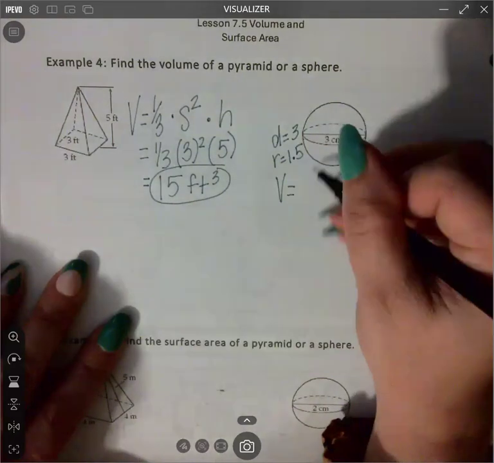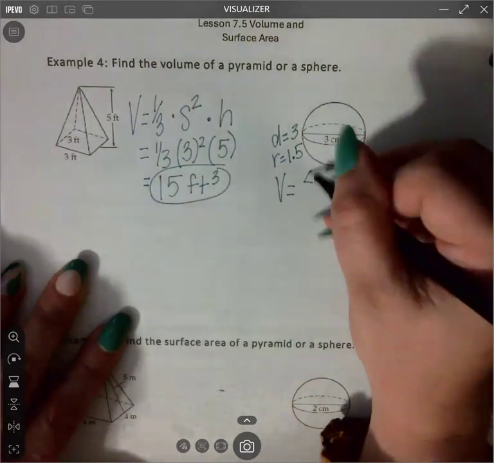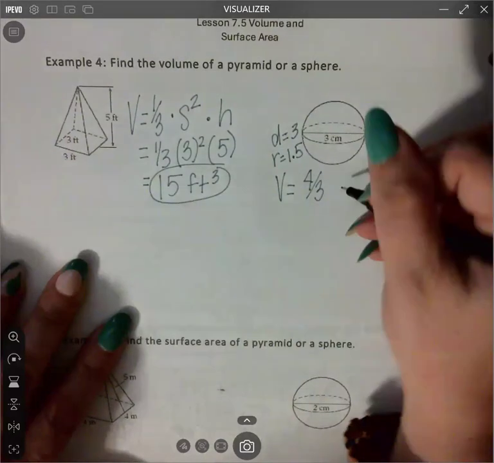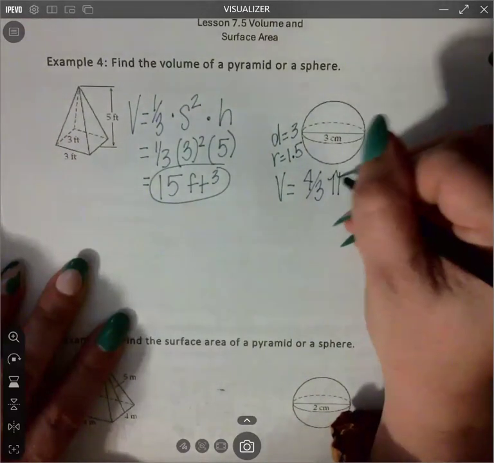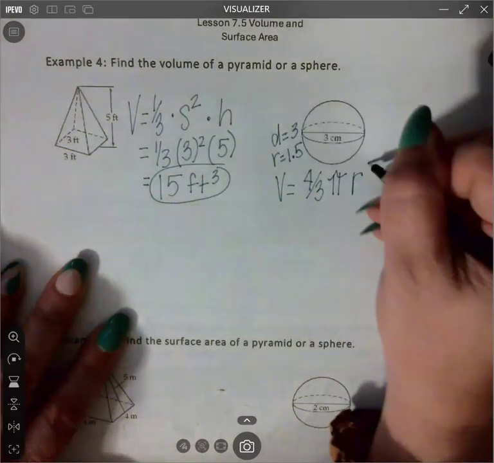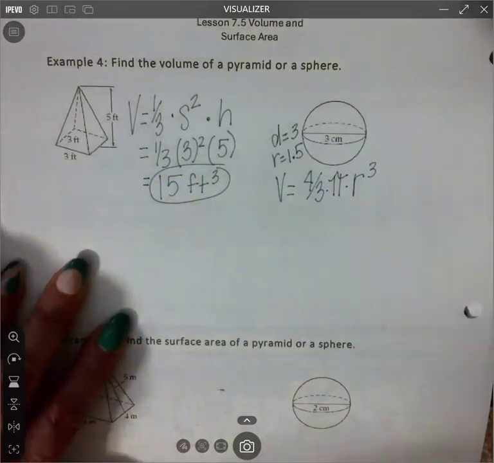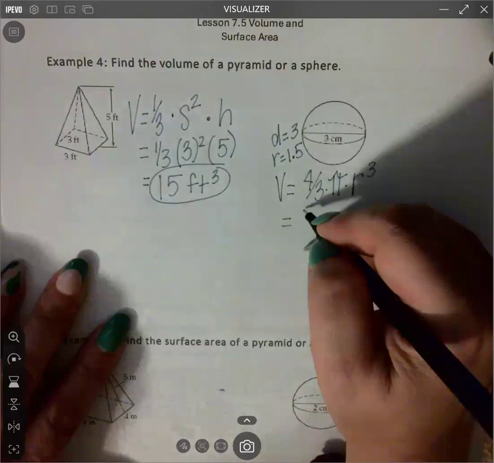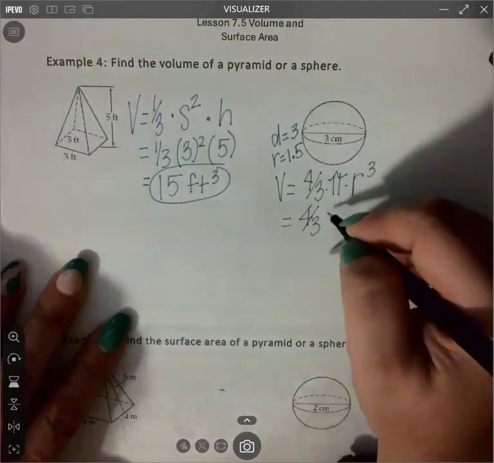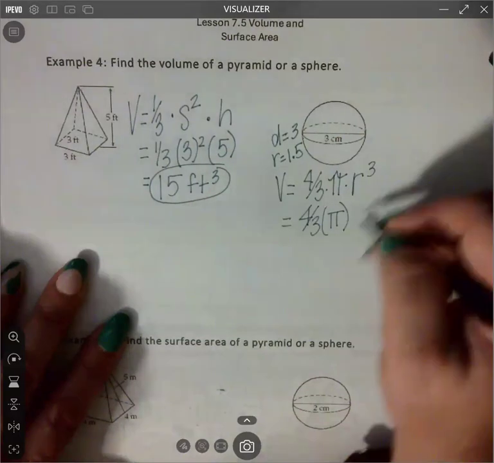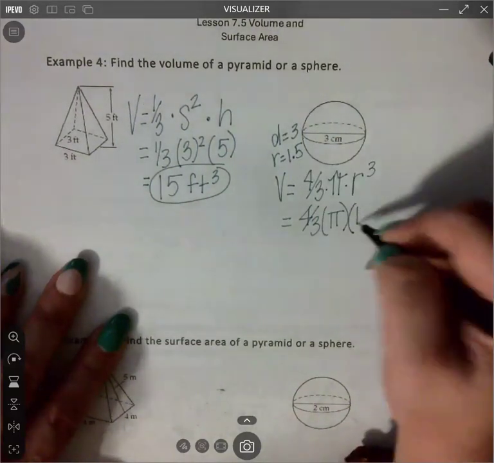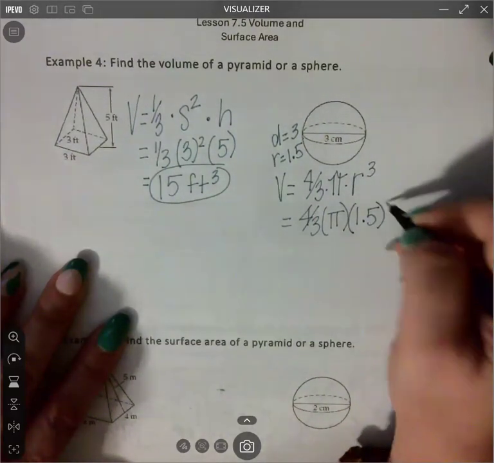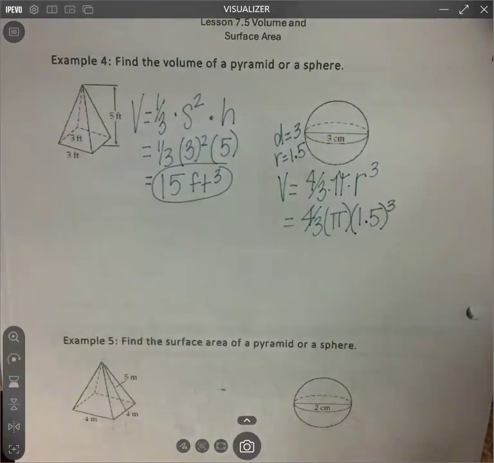Our volume formula for a sphere is 4/3 times pi times r cubed, or r to the 3rd power. So again, 4/3 times the pi button on our calculator. Our r is 1.5 to the 3rd power. Again, use that caret key or the y to the x key, depending on which calculator you have, to do your 3rd power.